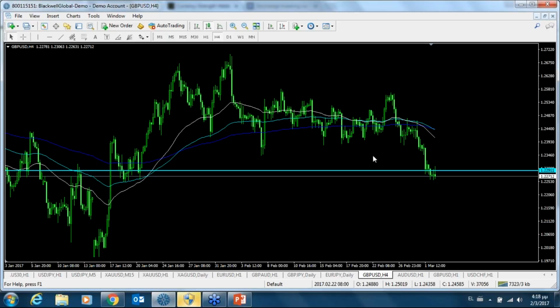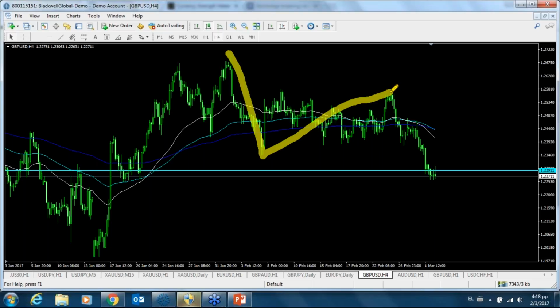So yes, it may still happen, but let's say we draw the ABCD first, for example. So if you want your A to be here, your B to be here, then your C would be a higher point there. And then you are aiming downwards. Now, between B to C, I see that it's too broad.